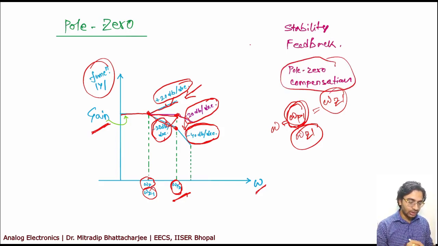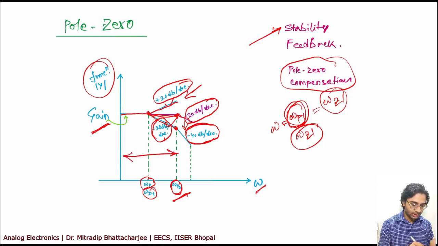Now this type of plot gives you information about stability, and when you use feedback you can tweak those parameters, which I will discuss in coming slides. So this is the basic concept. You have a function and a pole, you compensate it by a zero, and you find your gain is constant. This way you can increase your bandwidth.